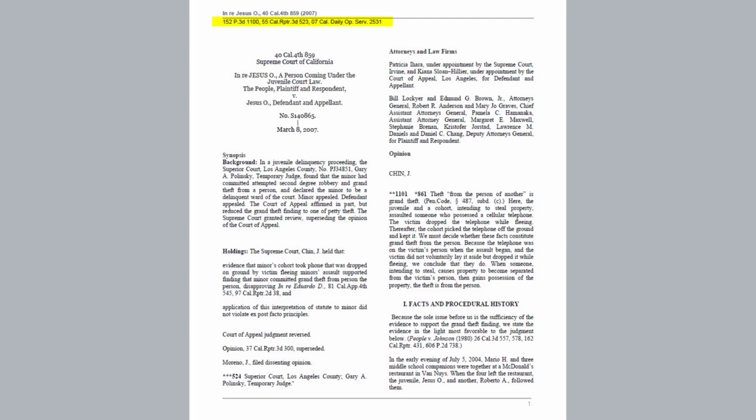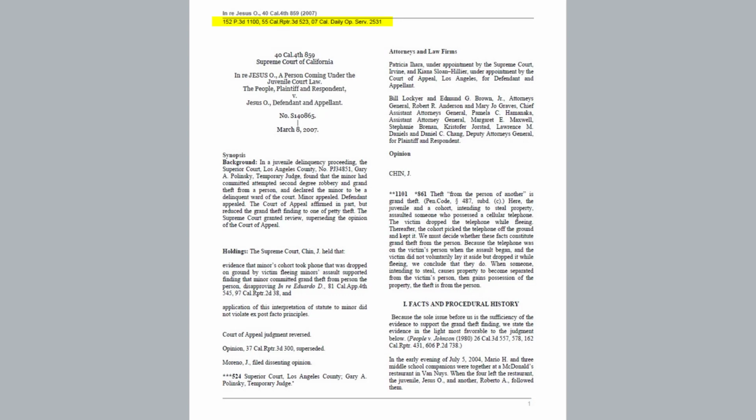Also next to that, you will see 55 Cal Reporter 3rd 523. Yet another location where you can find this exact case, in the Cal Reporter at volume 55, page 523.